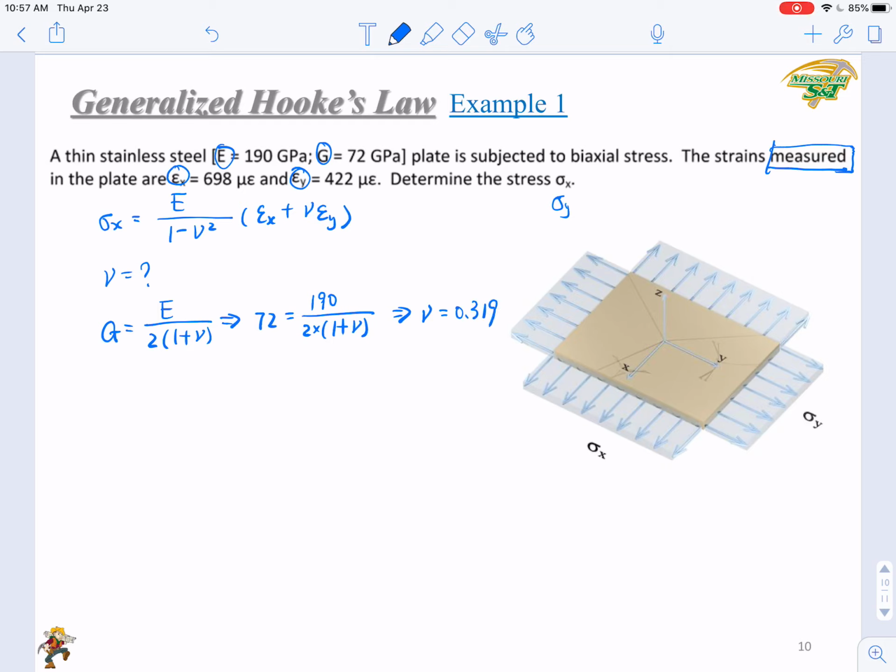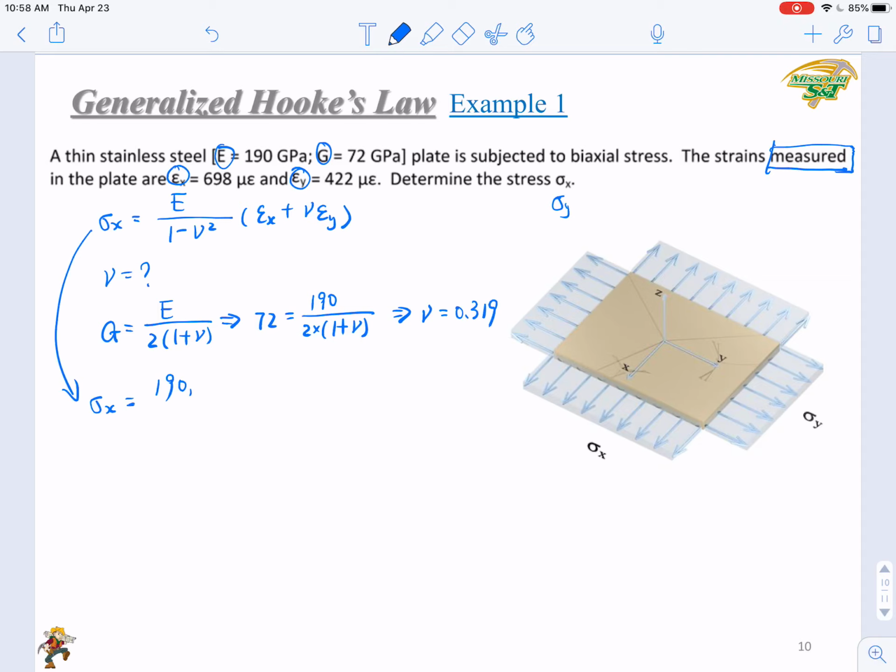With this value, in this equation you just put the numbers in. Sigma x can be calculated as: E is 190 gigapascal.